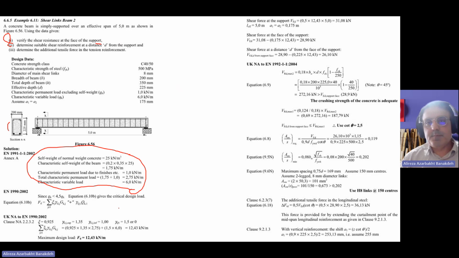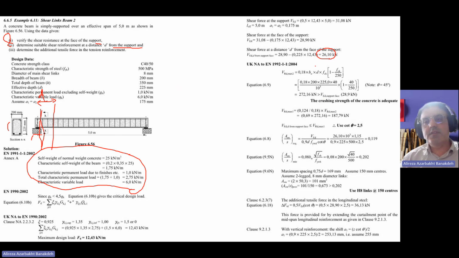And suitable at a distance d from the support. So it means that this is the wall, this is the face of the support, and you need to design for the shear reinforcement here at a distance of d from the face of the support. And that's why finally you will design at a distance of d, the shear force will be 26 kilonewton.